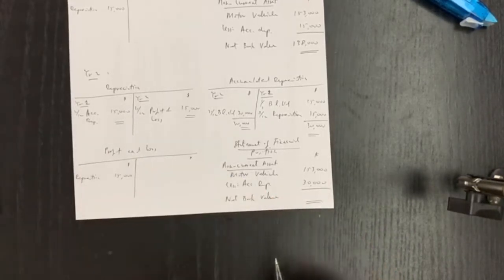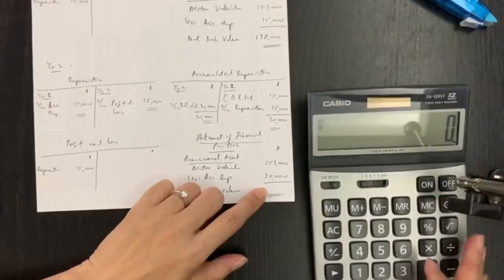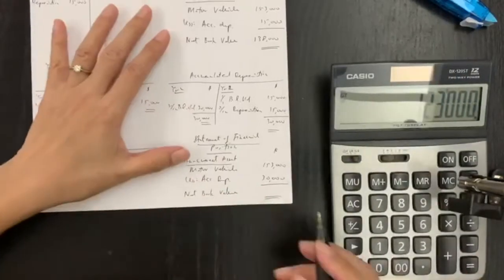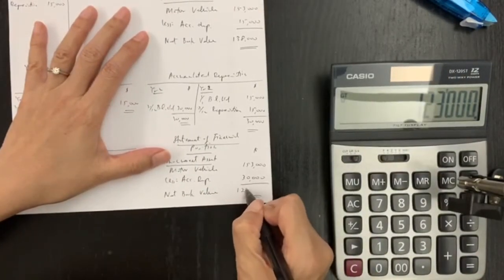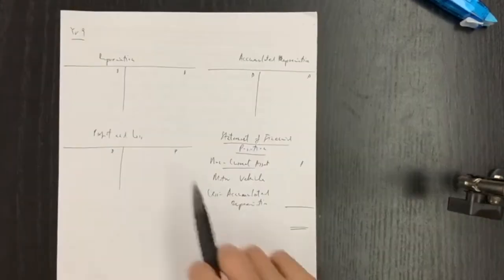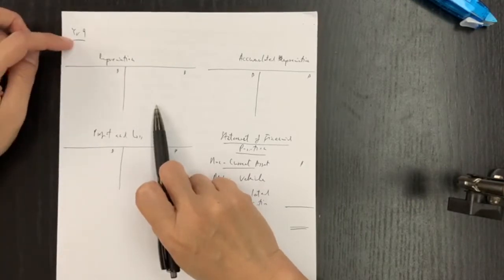All right, so I have my net book value in year 2. Okay, 153,000 minus 30,000, drop further to 123,000.